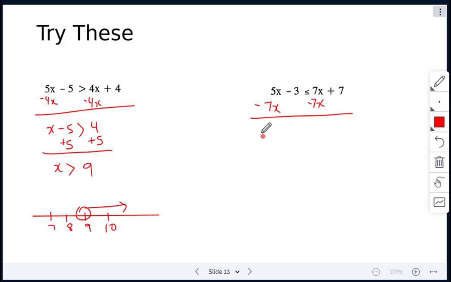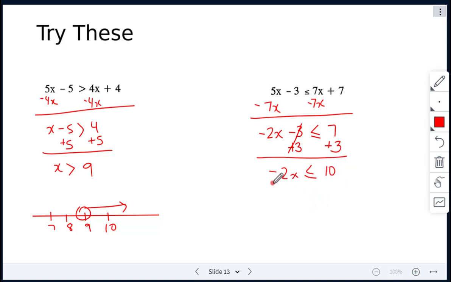That's going to leave me with negative 2x minus 3 is less than or equal to 7. And then we're going to add 3 to both sides. And that leaves me with negative 2x is less than or equal to 10.